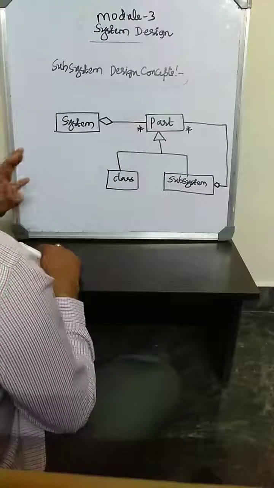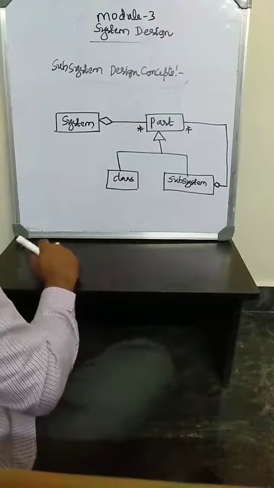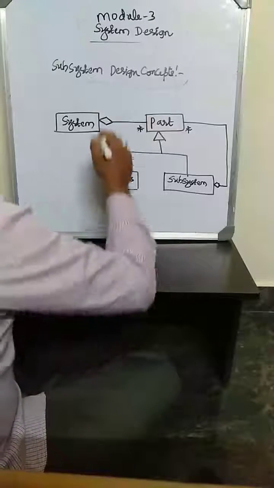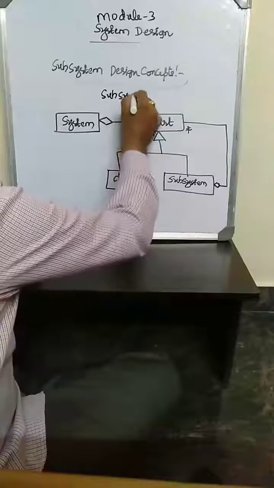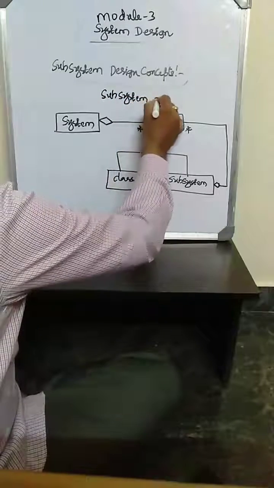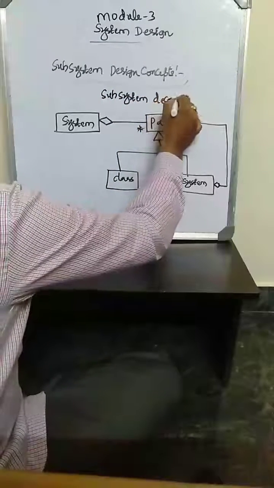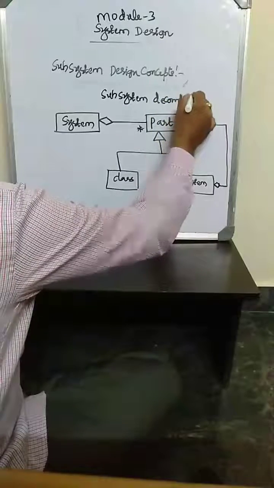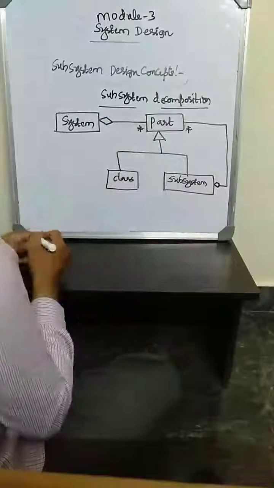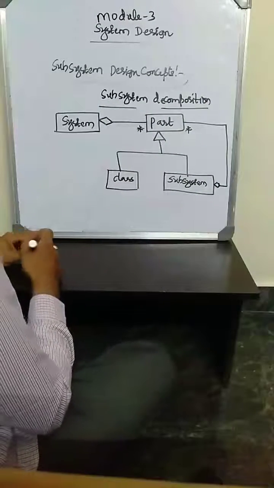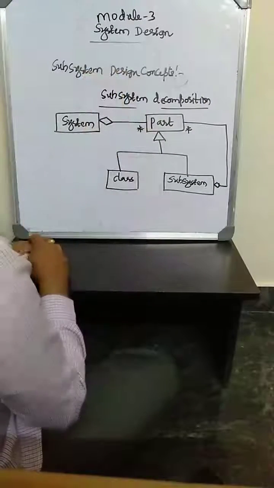So here we are understanding the subsystem decomposition, that is the UML class diagram. It will be represented as a UML diagram. Basically we have a system, and then we have a part.